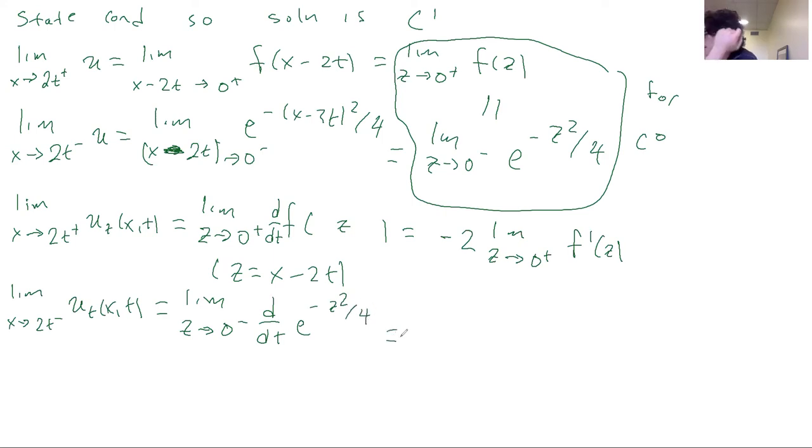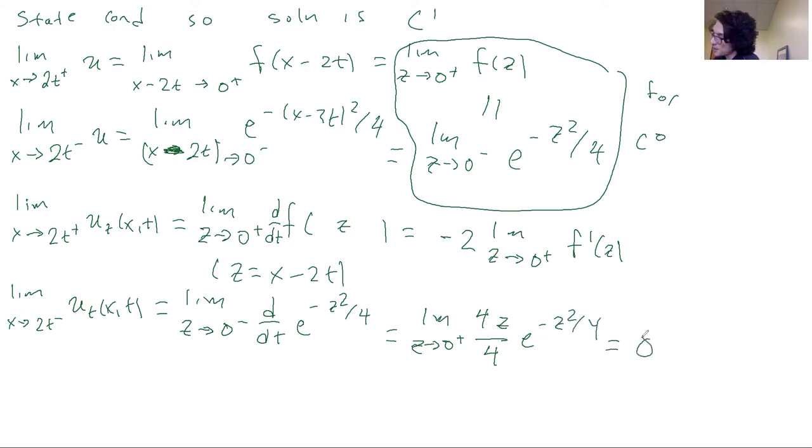So this is going to give us the limit as z goes to 0 from below of 4 multiplied by z divided by 4 times e to the minus z squared over 4, which is just equal to 0.